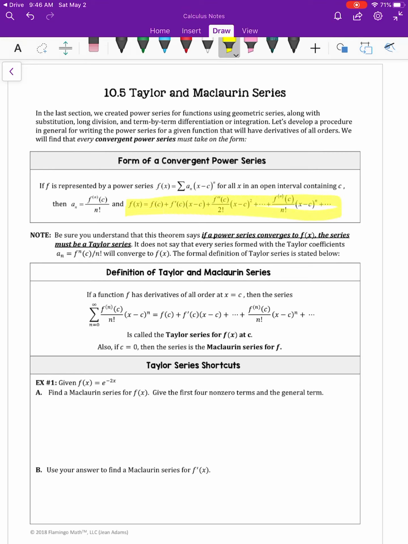We will find that every convergent power series must take on the form of this right here.